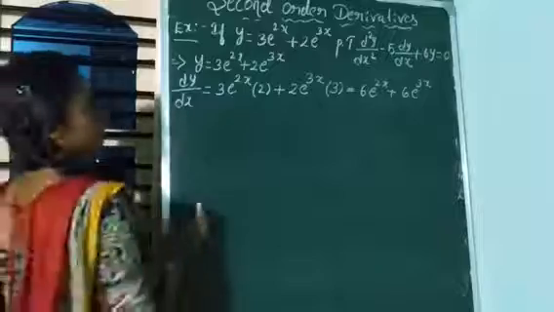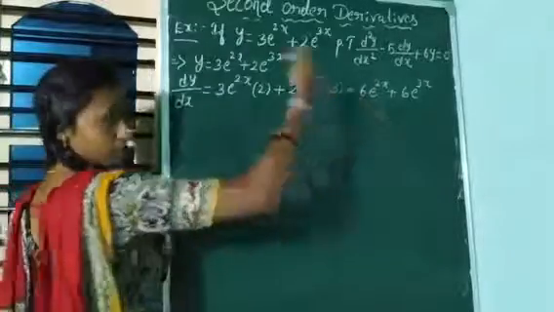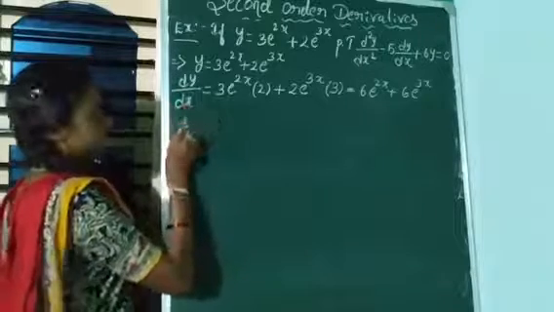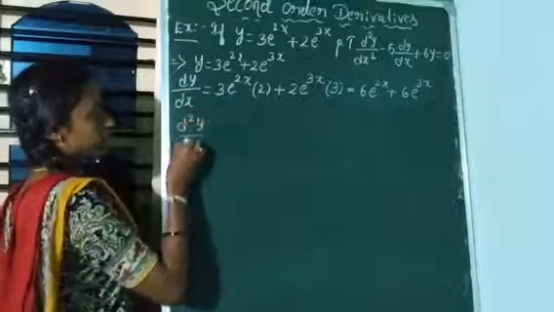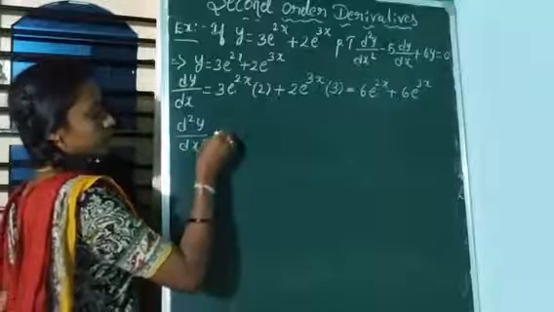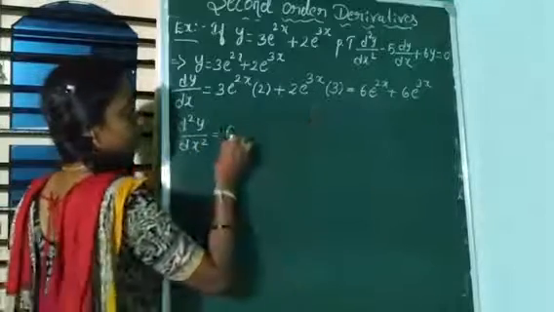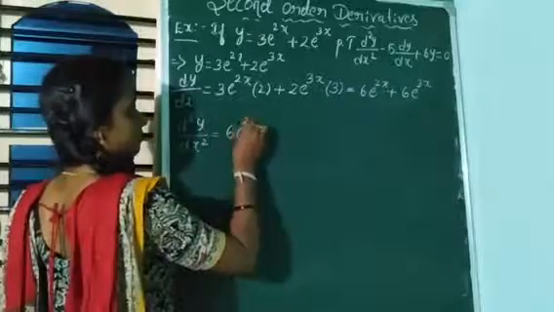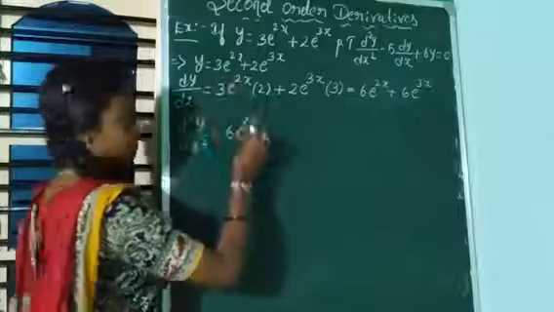Again differentiate this with respect to x, you will get the second order derivative. That is d square y by dx square is nothing but, keep the 6 as it is, and the derivative of the exponential, you just write the first exponential function as it is.